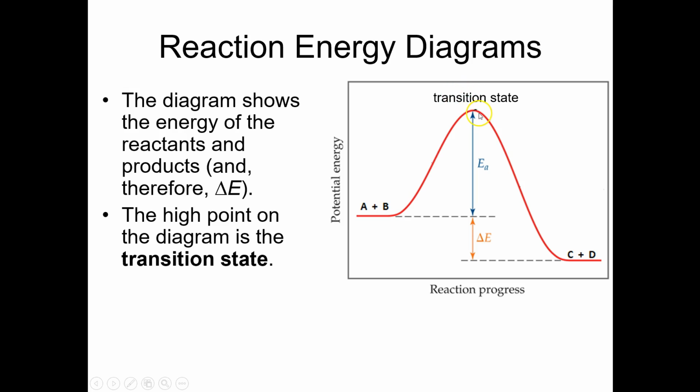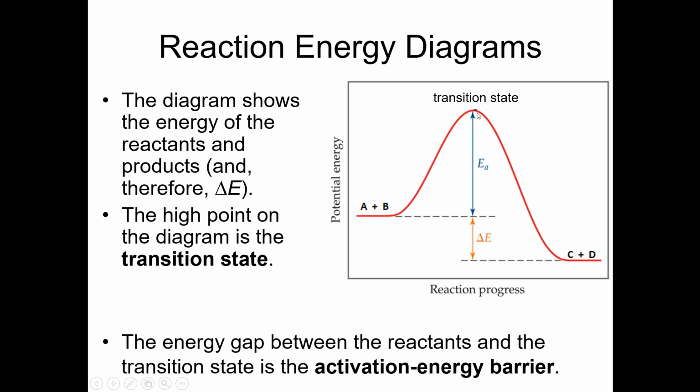It doesn't correspond to any specific structure or any specific discrete molecule. It's simply the place in the process of breaking old bonds and forming new bonds where the potential energy of the system is the highest. And that energy gap between the reactants and the transition state is called the activation energy barrier, or just the activation energy. You can see I've got it labeled here as E sub A.